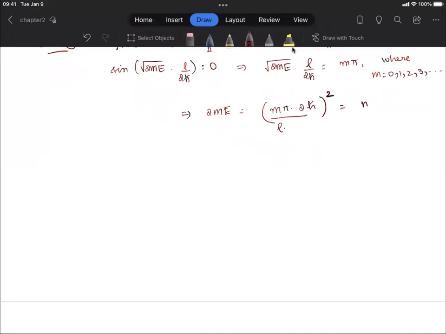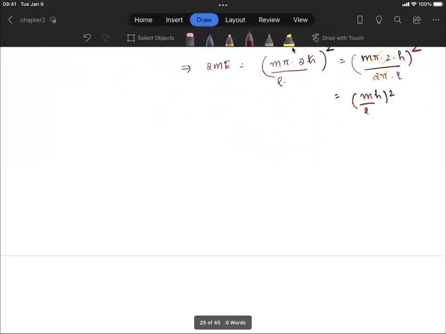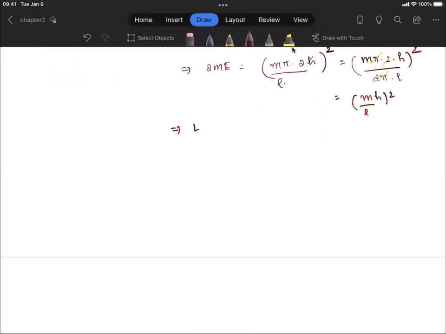Now, I can write it as n pi times h over 2 pi. h bar is nothing but h over 2 pi, right? Now I can cancel out 2 pi and 2 pi. So this will just be nh over L whole squared. That implies the energy itself is going to be n squared h squared over L squared times 2m.